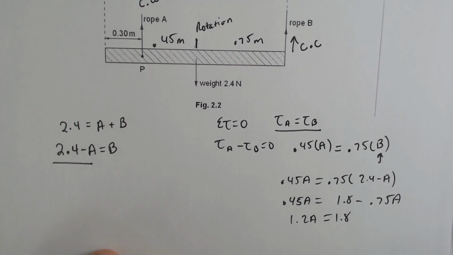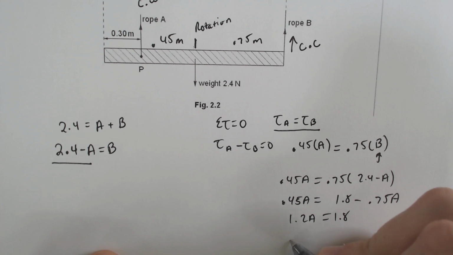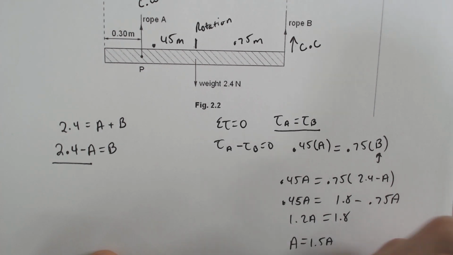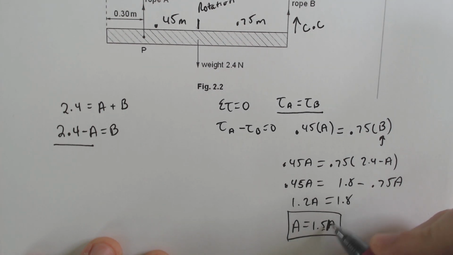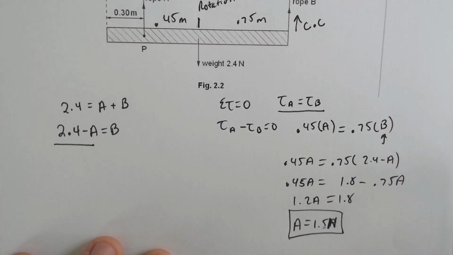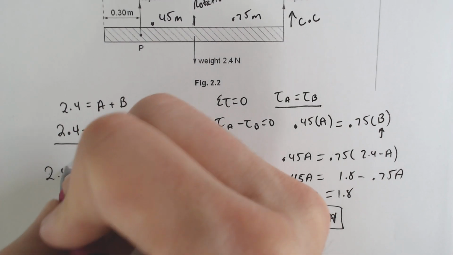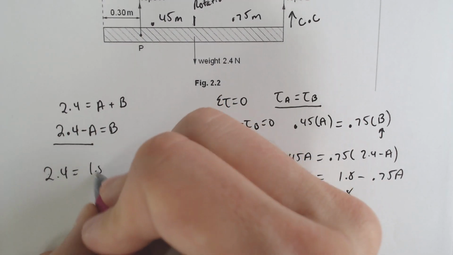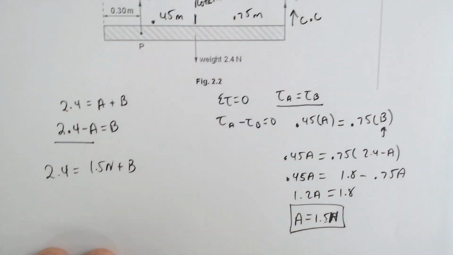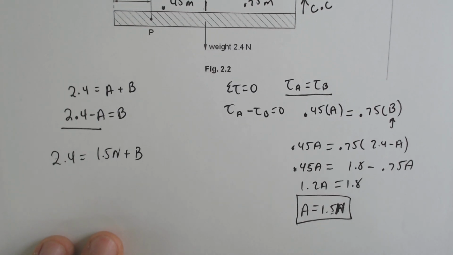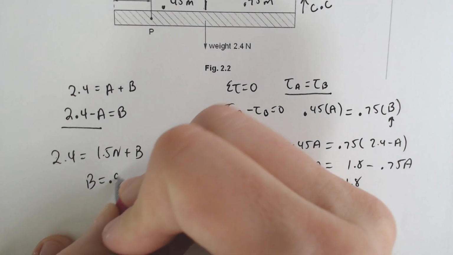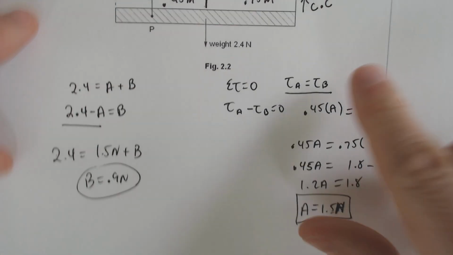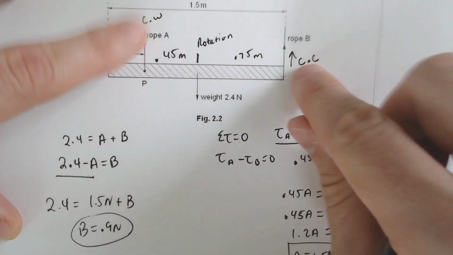We divide 1.8 by 1.2, and we get A is equal to 1.5 newtons. Since 2.4 is equal to the tension of A, which is 1.5 newtons, plus B, we just subtract 2.4 minus 1.5, and we get B is equal to 0.9 newtons.